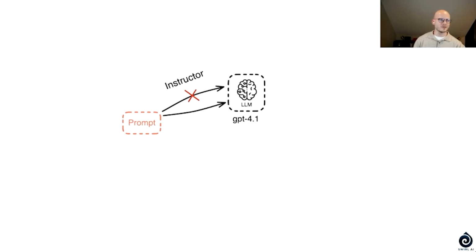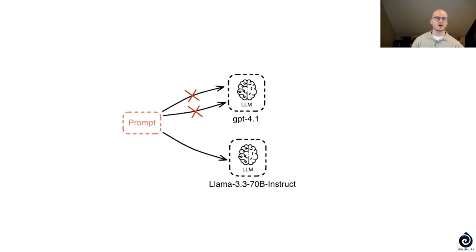A popular library here would be Instructor, and eventually, potentially even that fails, right? So that's where you need model routing and your routes properly configured. So potentially you would be routing from GPT 4.1 to Llama 3.3 and expect to at least get some answer out of the system.